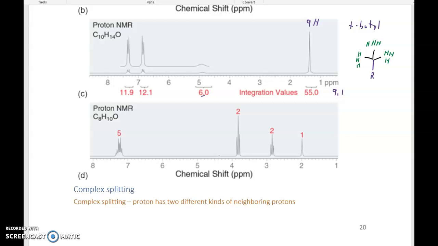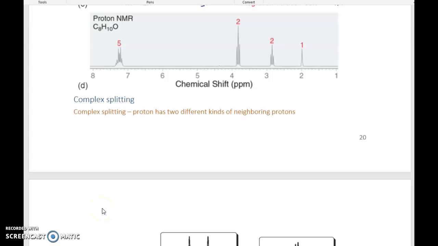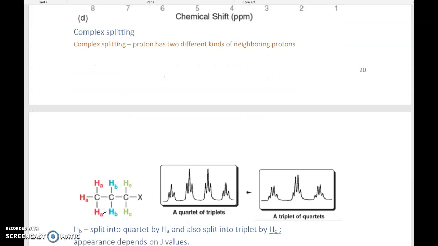This last one has 5, 2, 2, and 1. That does not fit any of the patterns that we talked about. There can be complex splitting. A proton may have 2 different neighbors. It may have a neighbor on the right and a neighbor on the left.